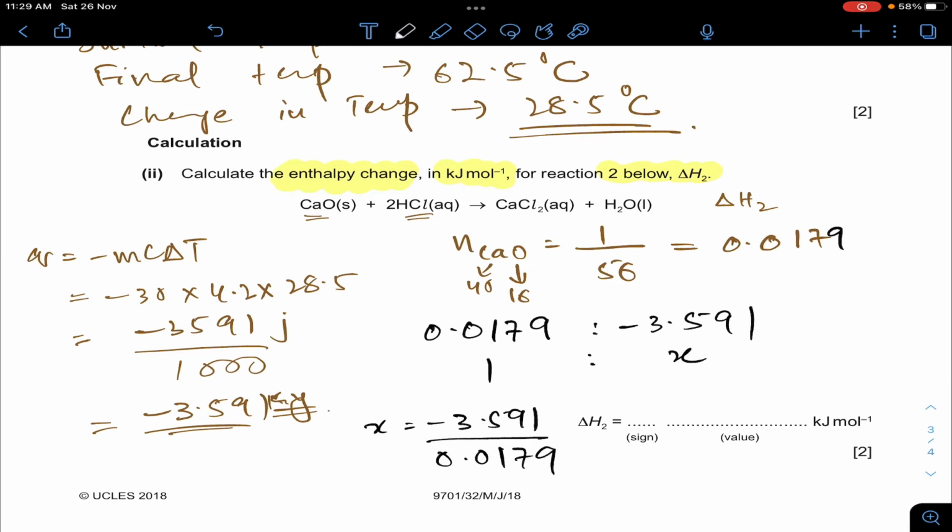So this is minus 200.61 kilojoules per mole. So this is the amount of energy released when 1 mole of calcium oxide reacts with excess hydrochloric acid.